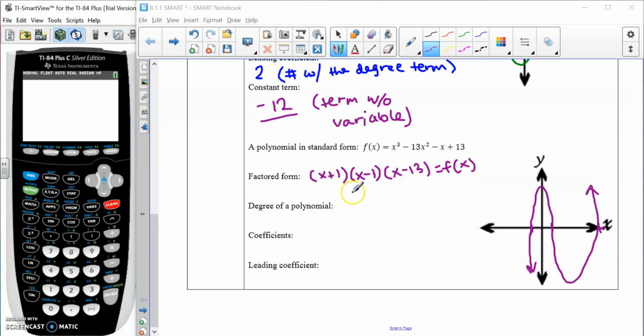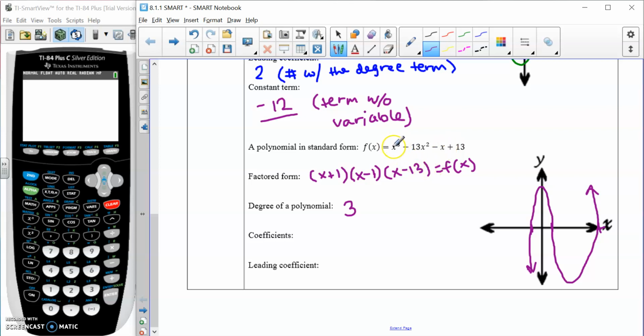All right, so now this portion is just like we did above. The degree of the polynomial is going to be the highest exponent on an x. So for us, that's going to be this term right here, and the exponent itself is 3. For coefficients, it's the number in front of all the terms with an x.